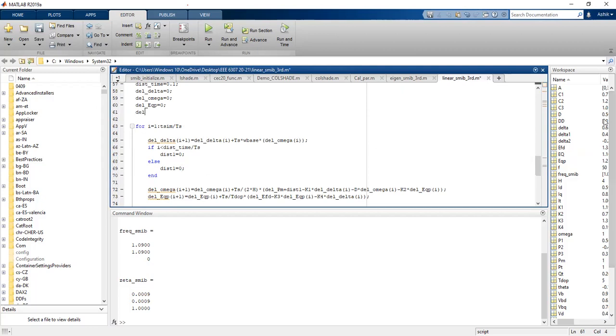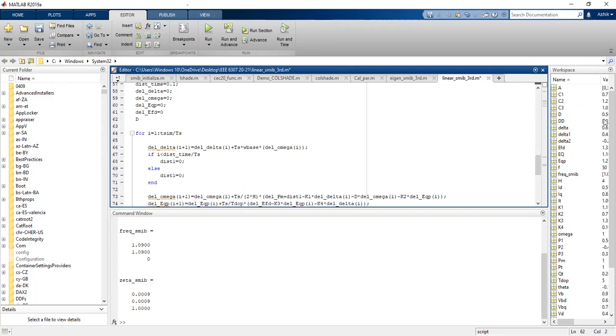We can say delta EFD is 0, and del PM is actually our disturbance. So we can keep del PM 0 and we can add some disturbance, all the same. We can make it 0 and make this non-zero, or simply we can get rid of delta PM and keep this disturbance 1.